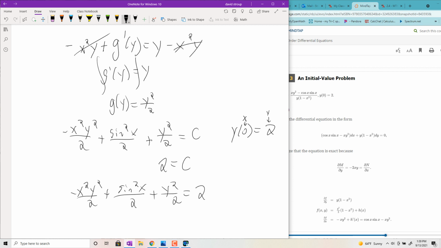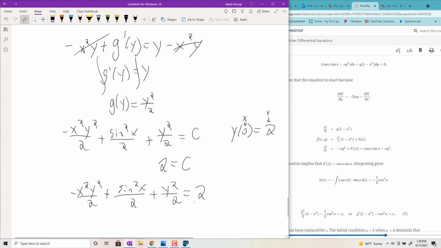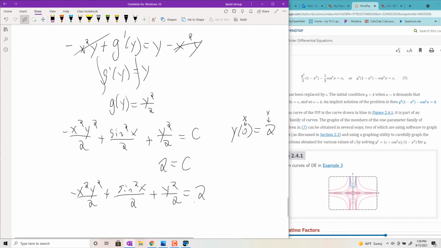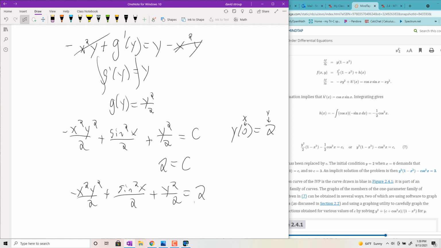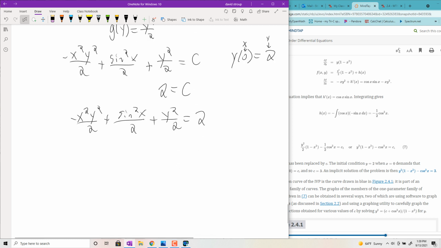There's probably nicer ways to write it, but let's just make sure that's what they got. First let me get rid of the 2's, so I just need to make sure I got the same answer. Plus sine squared x plus y squared equals 4.